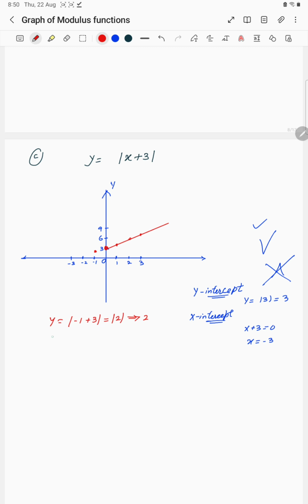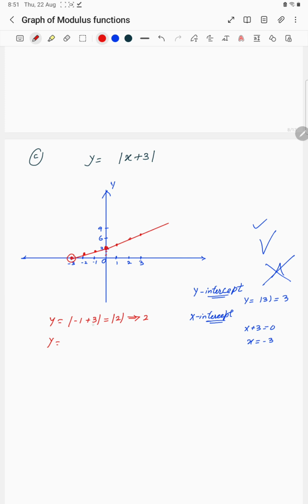And for x equal to minus 2, it will be 1, it will be here. As x-intercept is minus 3, it will be here. So this line will proceed till here, like this way. This becomes the turning point.